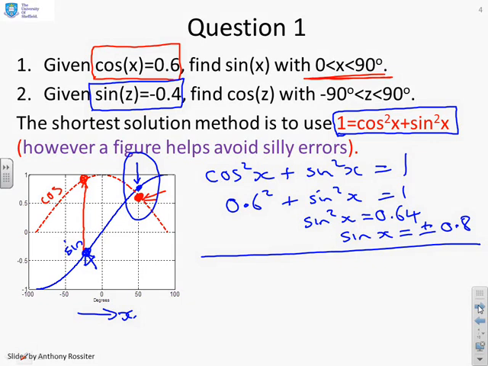But we've actually asked for all the solutions between minus 90 degrees less than z less than 90 degrees. But we know that although there are two solutions that give the same value, we obviously only want this one because it has to match the sine z. Anyway, let's get on and use this square rule to solve it.